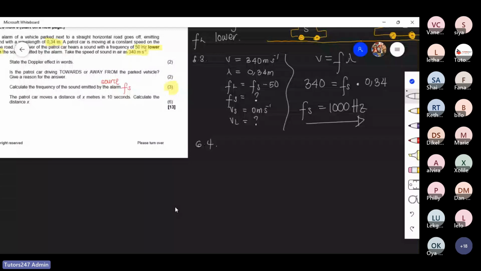Now, let us list our 4 equations of motion so that we can see what variables allow us to calculate distance, which is delta x. We have Vf equals Vi plus A delta t. We have Vf squared equals Vi squared plus 2A delta y. We have delta y equals Vi delta t plus 1/2 A delta t squared.